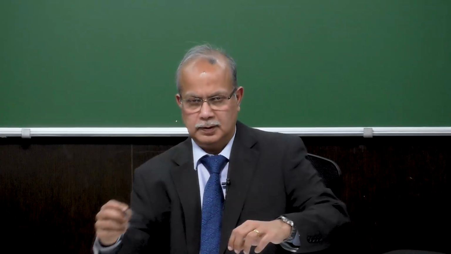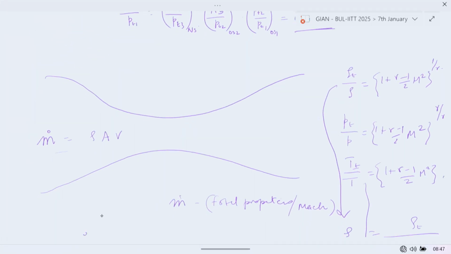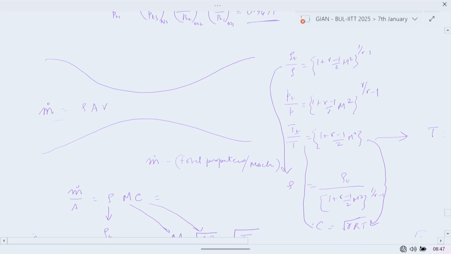Okay, finished here. I was going through it quickly because I thought it was superfluous information. So what I did was, this is a geometry I considered. That's the mass flow rate continuity equation. I wanted to express this mass flow rate in terms of total properties and in terms of Mach number. So these are the isentropic relationships between the local and stagnation properties.